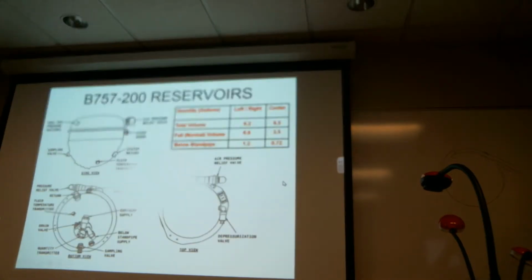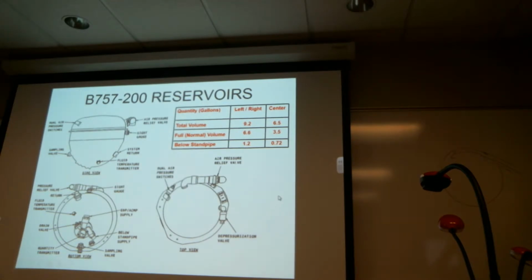Something else too. Reservoirs come in all different sizes, types, and volumes. But here's one from a 757 training manual to give you an idea. This aircraft has 3 independent hydraulic systems: a left, right, and a center. The total volume in this aircraft is 9.2 gallons of hydraulic fluid in the left and right reservoirs, and in the center reservoir we've got 6.5 or so.